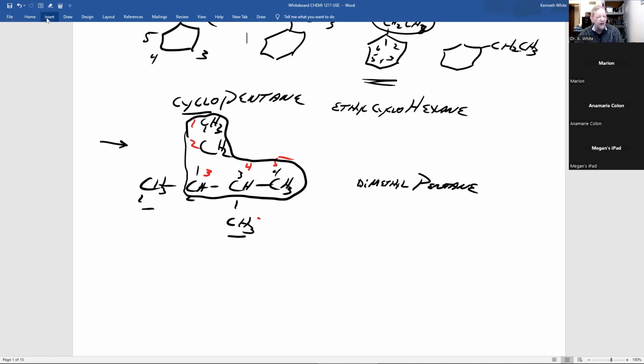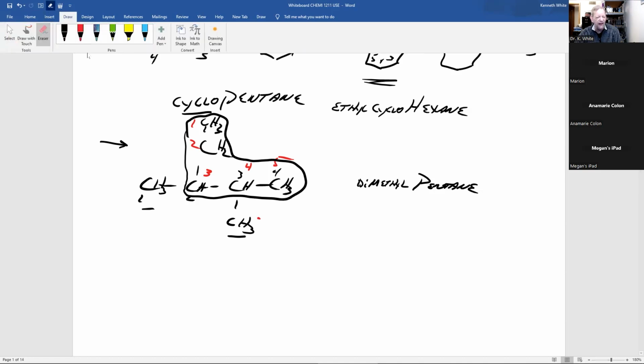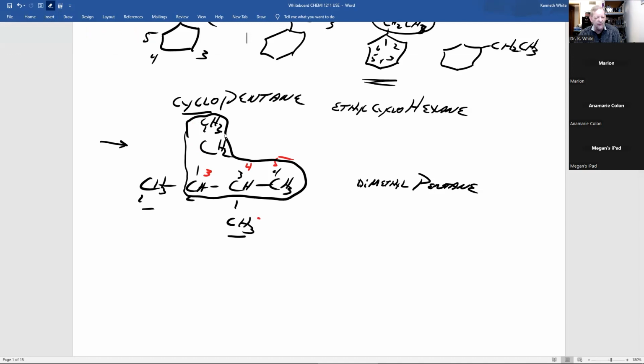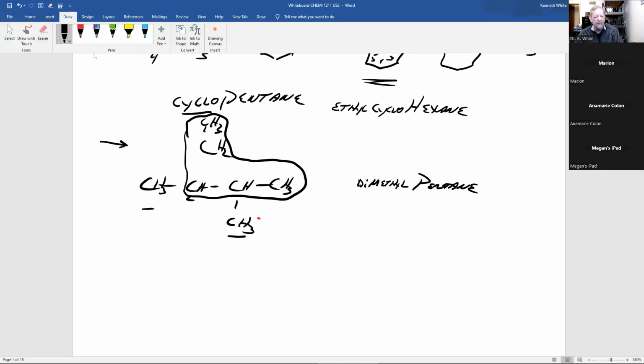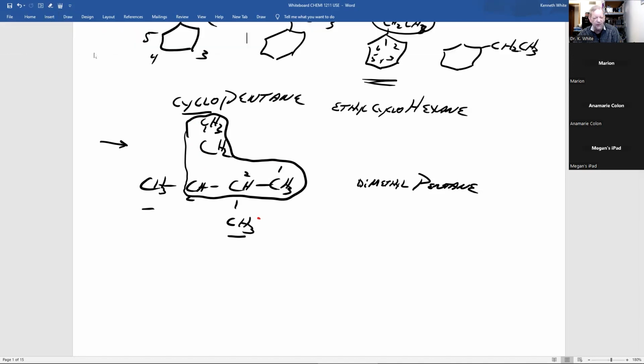And what carbons are they on? You start always from the end of the chain. Let me get rid of these numbers. You'll see why in a second. To give the overall carbon alkyl groups the lowest number. And if we start from this carbon, 1, 2, 3, the methyl groups are on carbons 2 and 3.